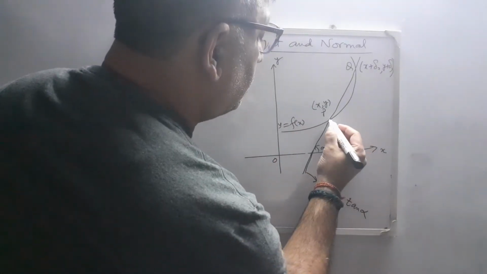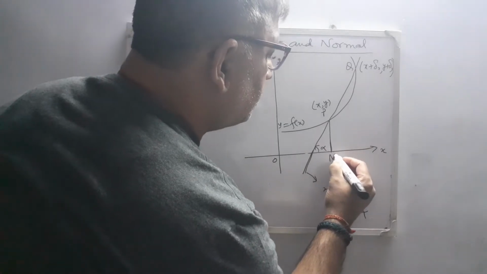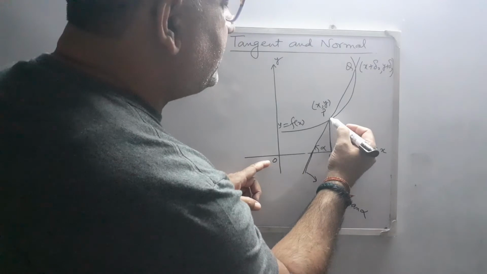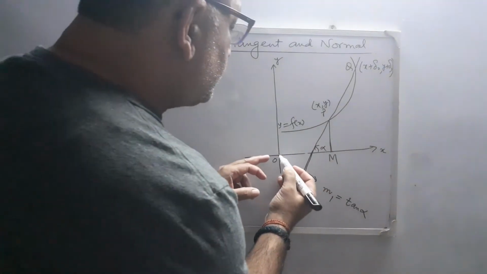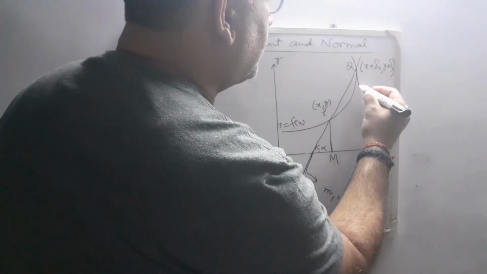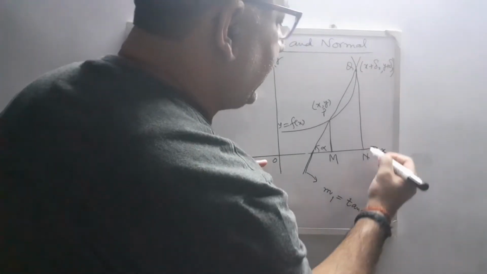Say if you drop a perpendicular from P, say PM is the perpendicular, then this OM is x and this MP is y. Now we have to change slightly, and suppose QN is a perpendicular from Q on x-axis.